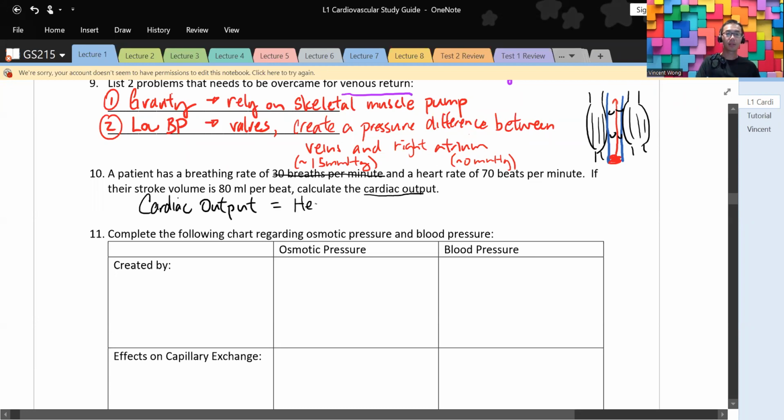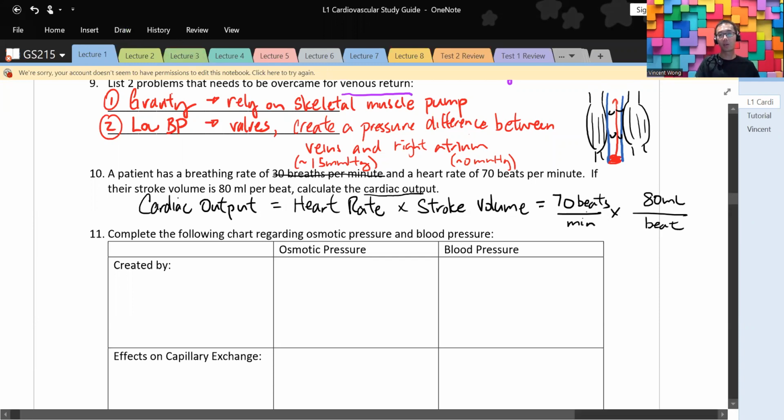That's correct. Thank you. So heart rate multiplied by stroke volume. Okay, so in this case, the heart rate is going to be 70 beats per minute, multiplied by the stroke volume, which is 80 milliliters per beat.